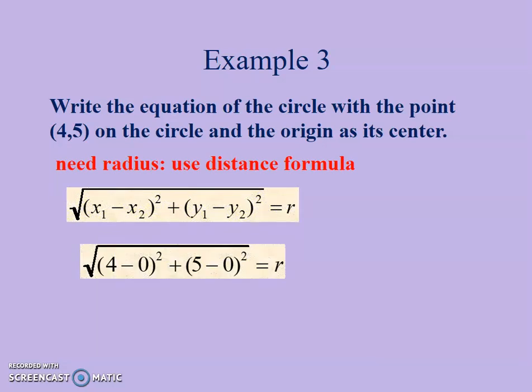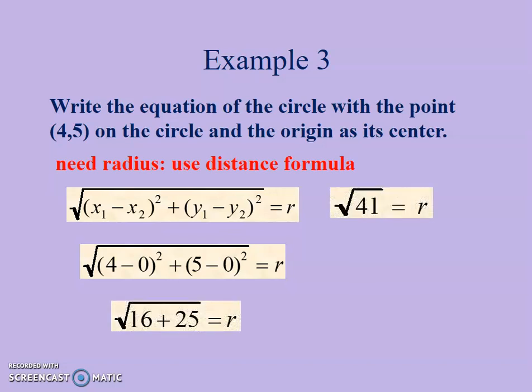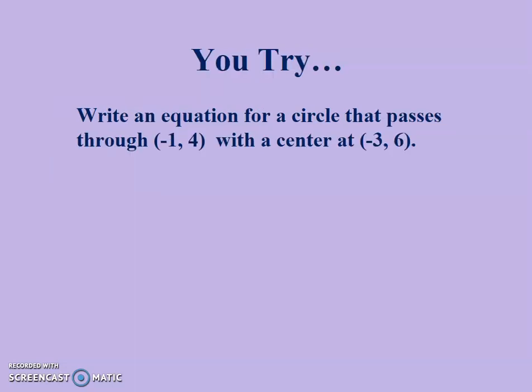We're going to use 0, 0 as our second point. So if we plug in our x's and y's, this is the formula you end up with. So you find out that r is equal to the square root of 41. So plugging it into your standard form, we end up with x squared plus y squared equals 41. So pause the video, take a moment, and try this example.